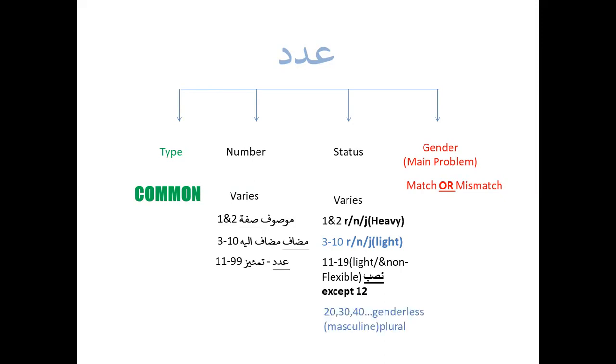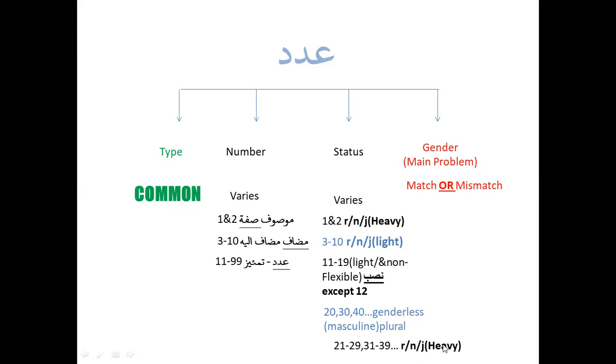Then again, 20, 30, 40, they are genderless. That means they are masculine plurals. And those plurals can be either rafa, ishruna, and they can be nasab, jar, ishrina. But they are plural and they are masculine. And then 21, 29, 31, all the way, the numbers will be rafa, nasab, jar in heavy form.